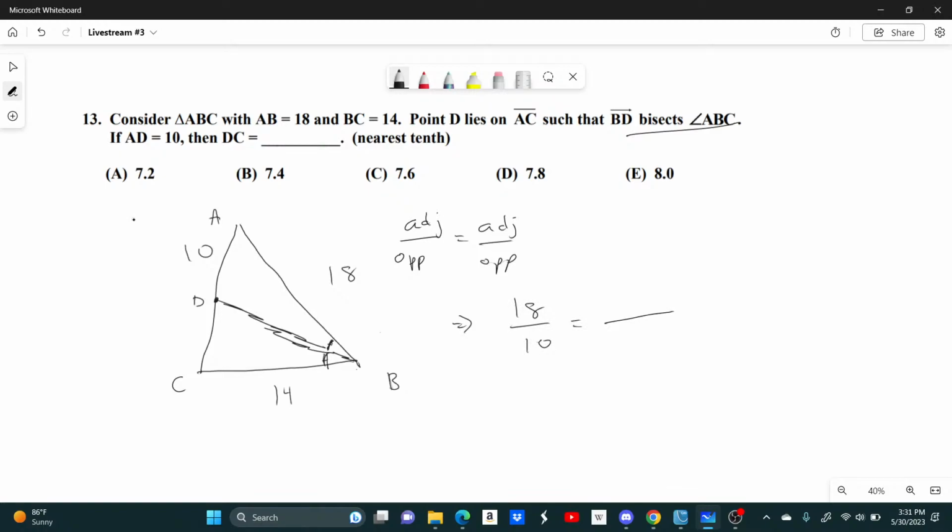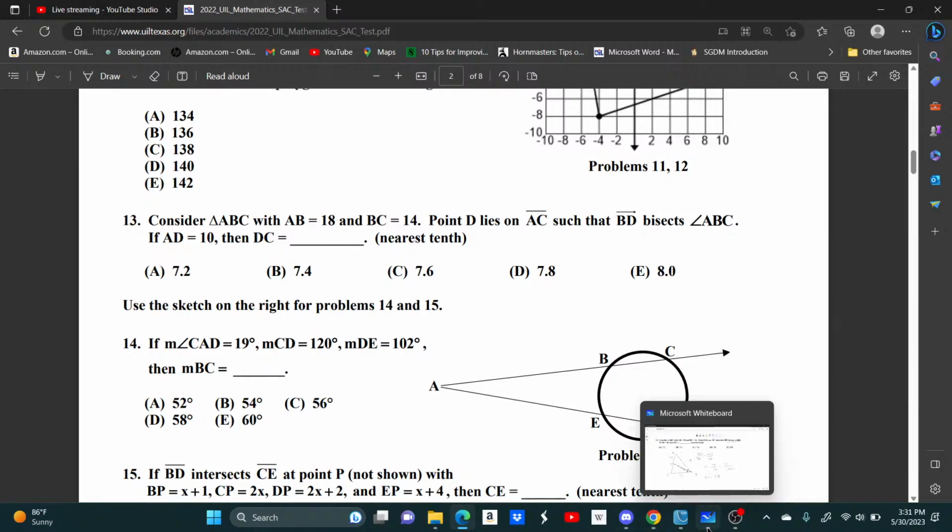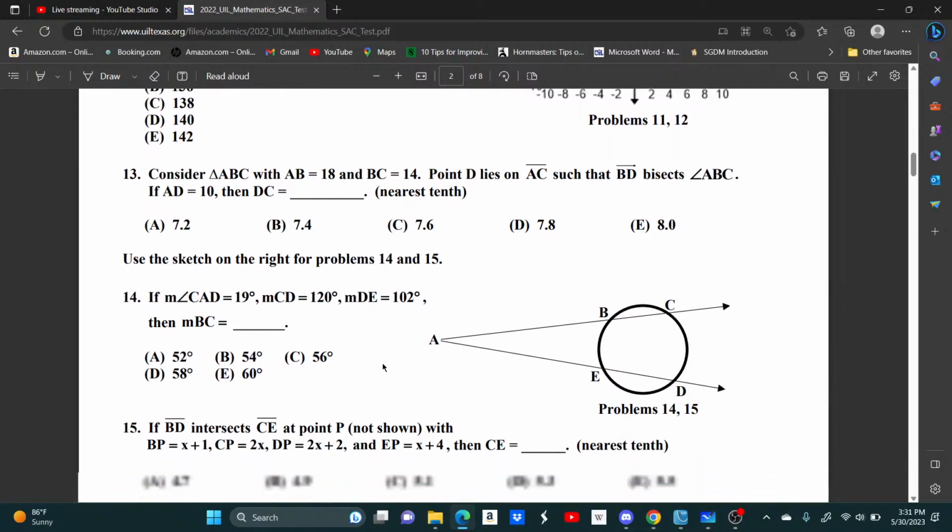And then for this angle right here, adjacent to that is 14, and the opposite is DC. That's what we're solving for. And so DC is going to be 10 times 14 divided by 18, which gives you 7.78. Nearest tenth, okay, so 7.8. Yes, that's an option. Good.